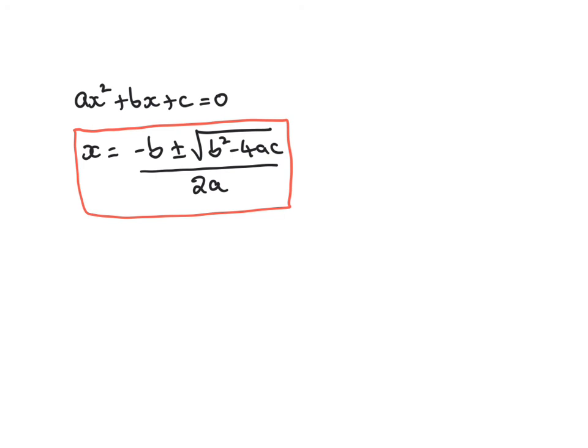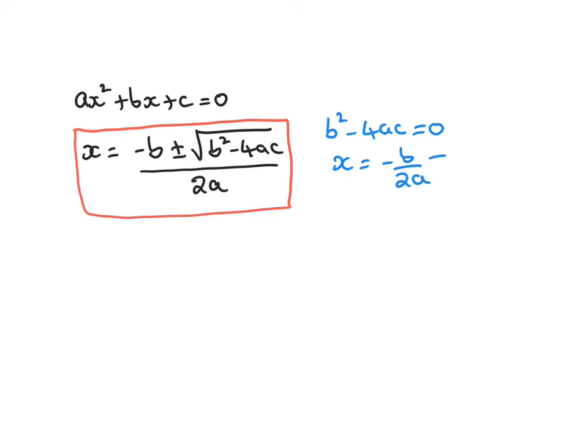Now if you observe this formula, look at the term b squared minus 4ac under the square root. If b squared minus 4ac is equal to 0, can you guess what is going to happen? The square root term will vanish, so we will be left only with x equal to minus b by 2a.